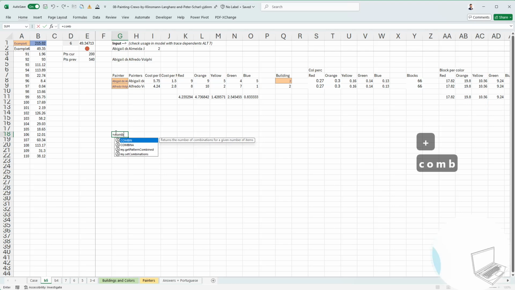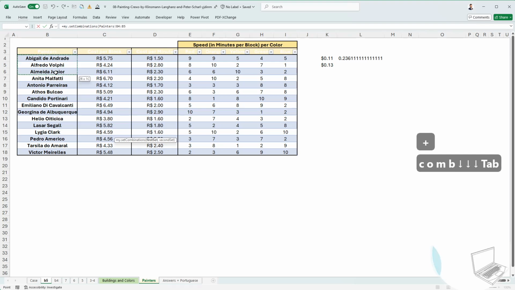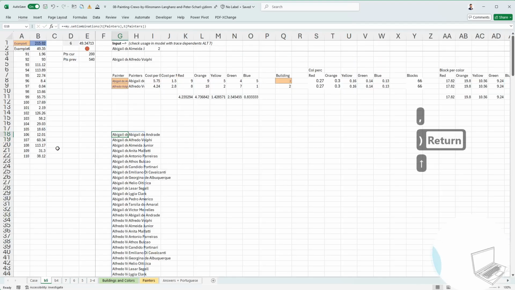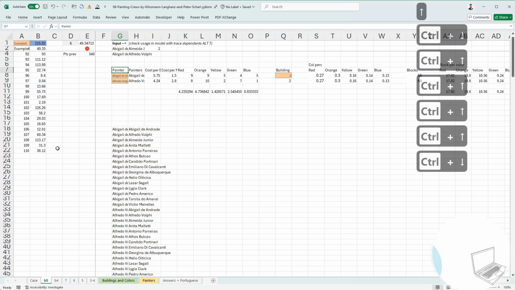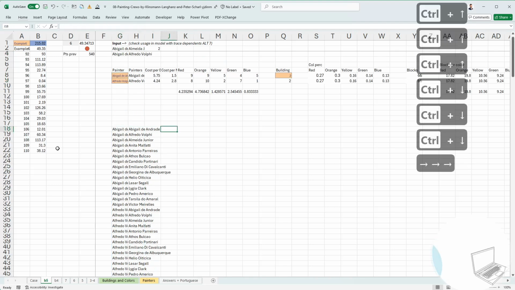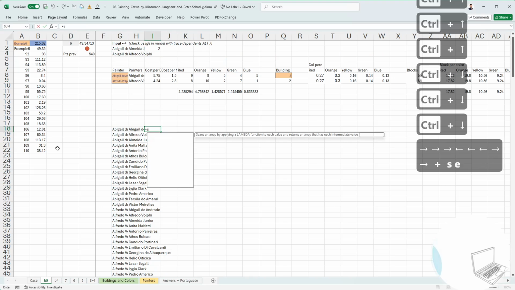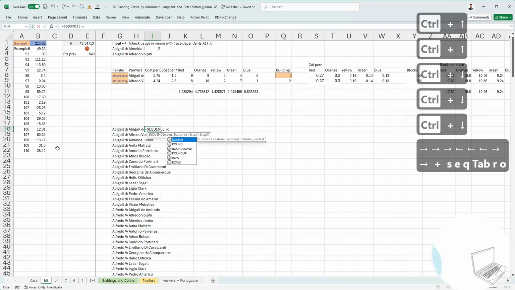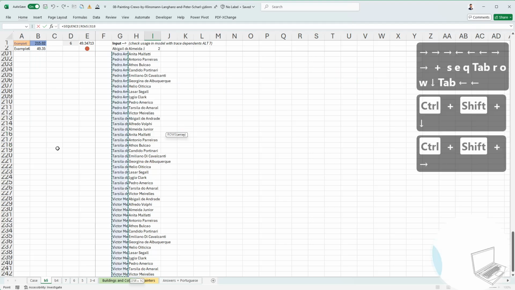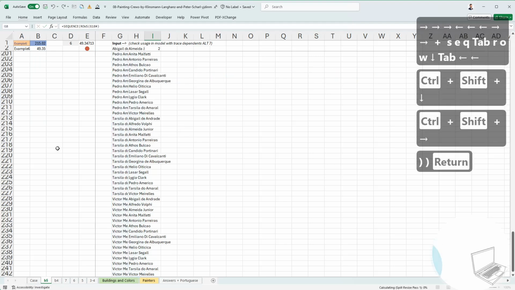So those are the combinations. Sequence of rows. This.